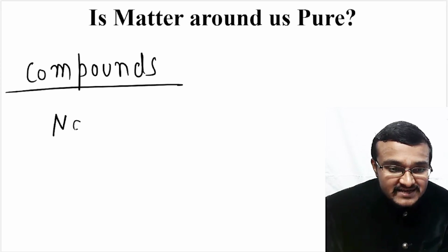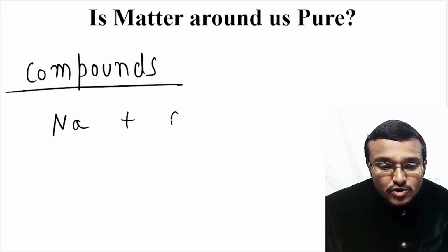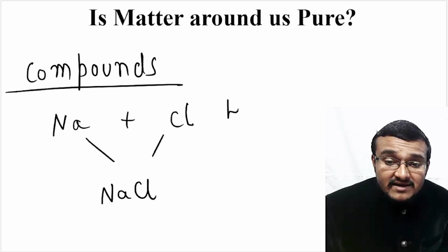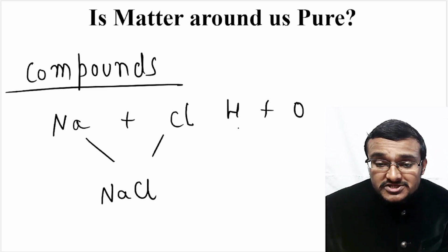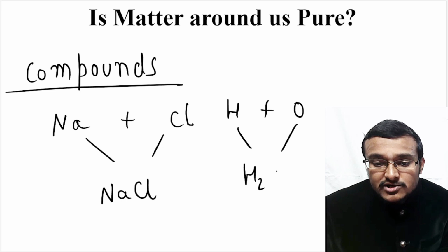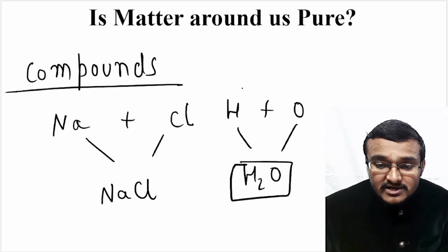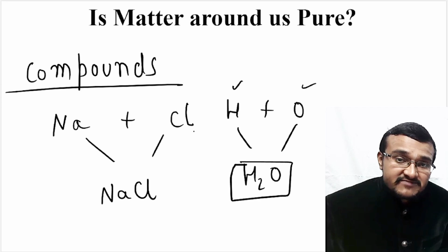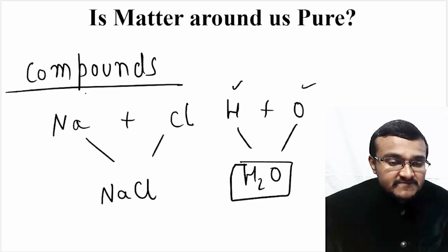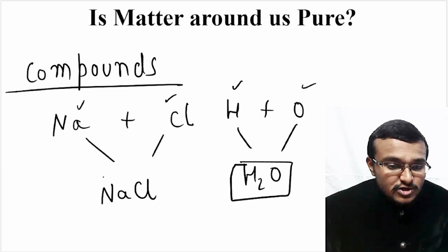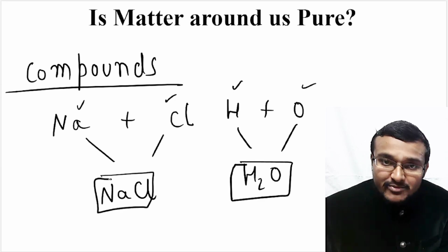So let's say sodium and chlorine react together to form NaCl, and hydrogen and oxygen are reacting together to form H2O. So here to form water, two kinds of elements are mixing with each other in different composition. Here sodium and chlorine is also mixing in different composition to form sodium chloride, that is common salt.